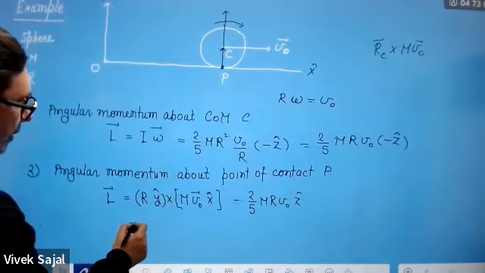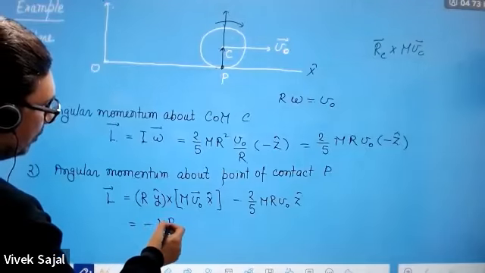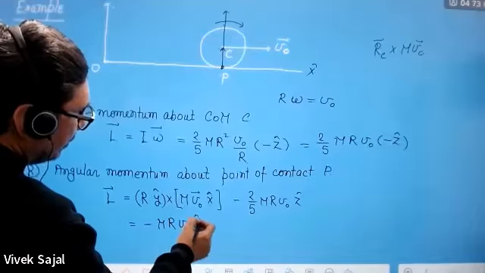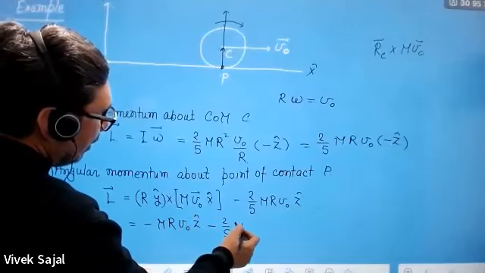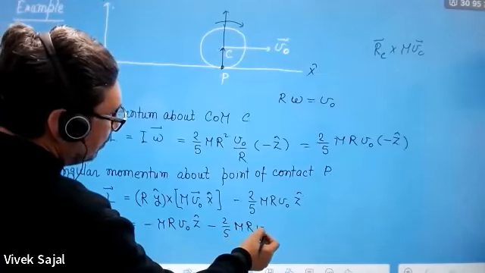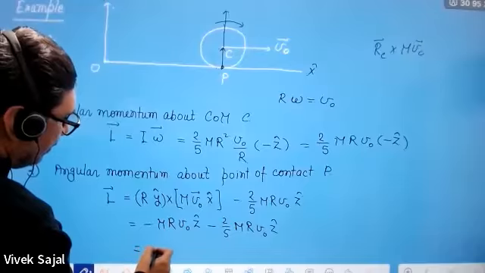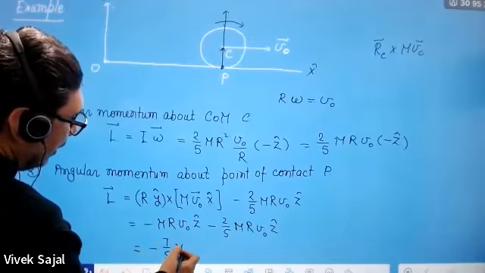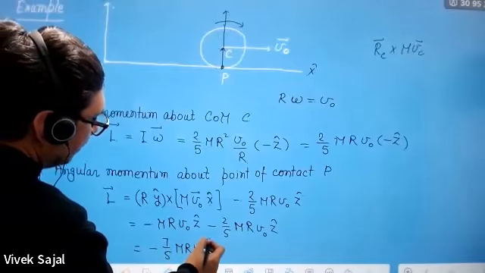So this will be minus m R V naught z cap, and this is minus 2 by 5 m R V naught z cap. So in total, 5 and 2 make 7: 7 by 5 m R V naught, minus z cap.